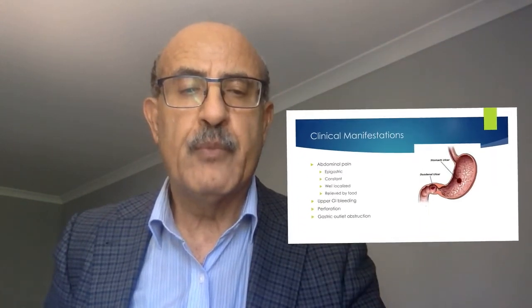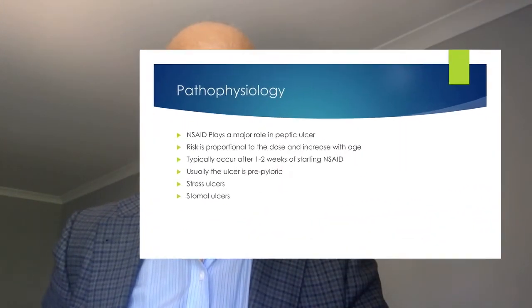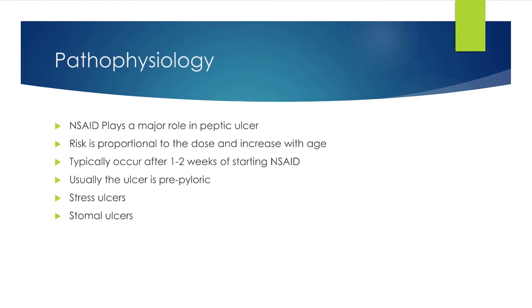Now, the rest of the duodenal ulcers are those that are not caused by H. pylori. And the main player in there is the non-steroidal anti-inflammatory drugs, Brufen, Voltaren, indomethacin, and the rest of them.